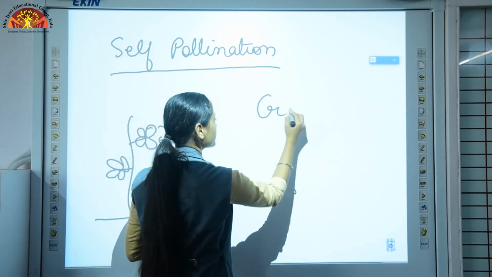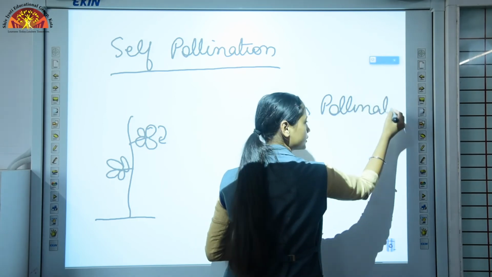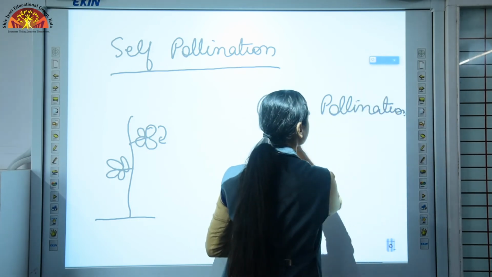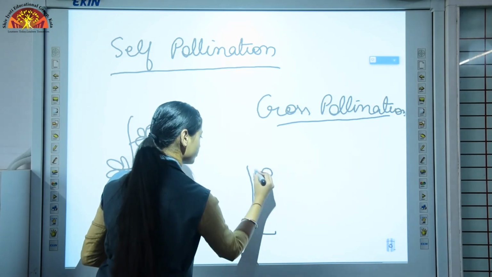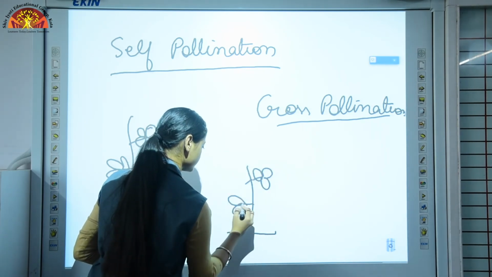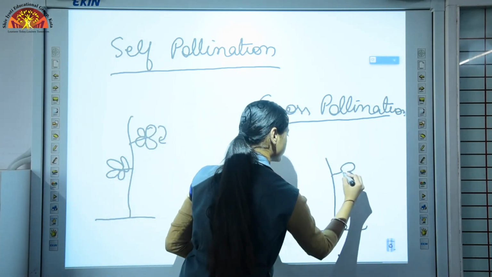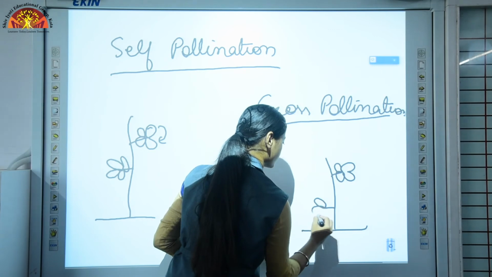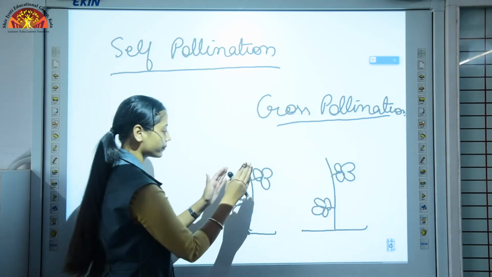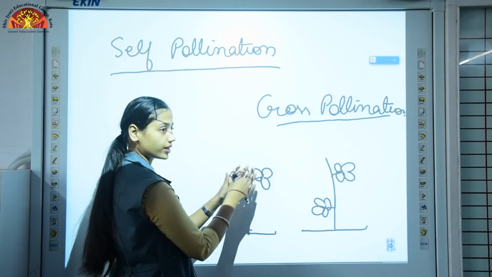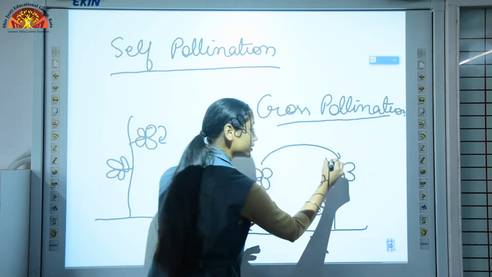And what is cross-pollination? The other type of pollination is cross-pollination. In this, what happens? This is one plant and flowers. This is another plant. So in this, the pollen grains transfer from this plant to the flower of another plant.